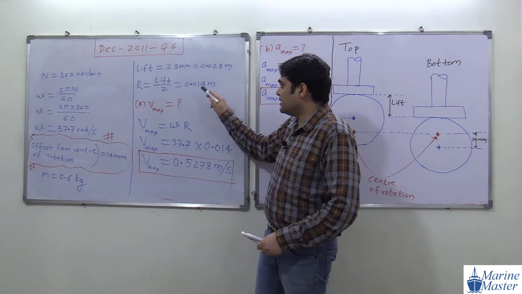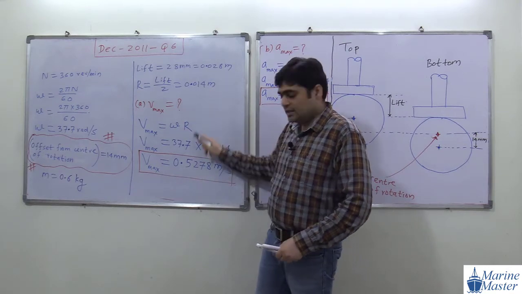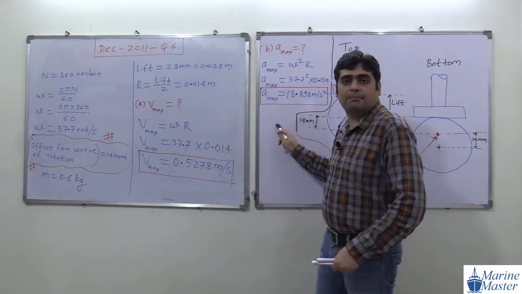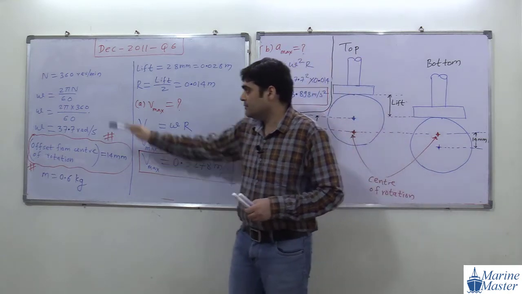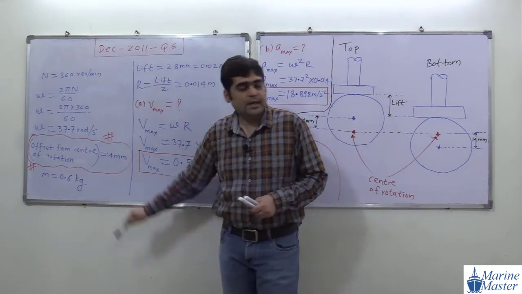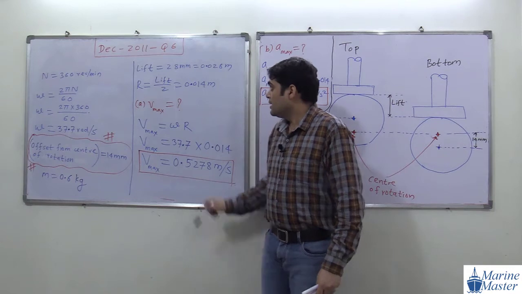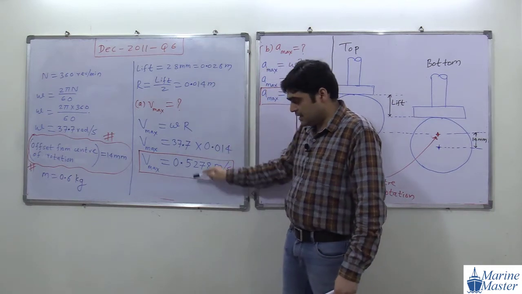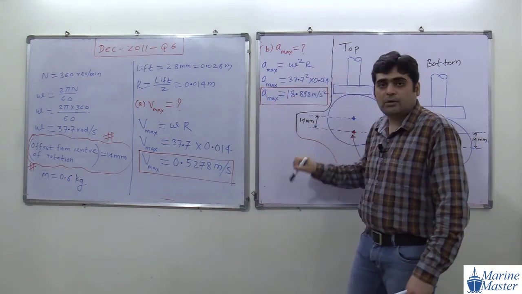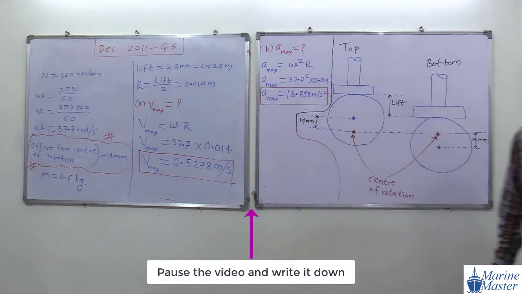After that, lift, R, V max for the A part, and then the B part. I am explaining once again: this one up to M, then this drawing, then lift R, V max, A part, and then B part. Please everyone complete all these points.